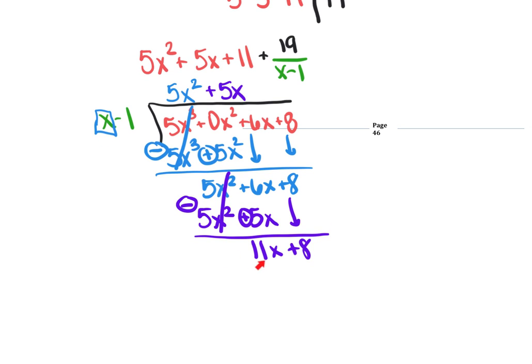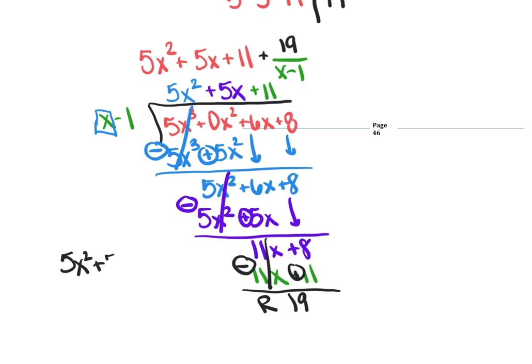Make x look like 11x, that is a plus 11. 11 times x is 11x. 11 times negative 1 is a negative 11. Again, change your signs, minus, plus. That's 19. This is the remainder, so we write our answer as 5x squared plus 5x plus 11 plus 19 over x minus 1, which is the same thing that we have sitting up here.